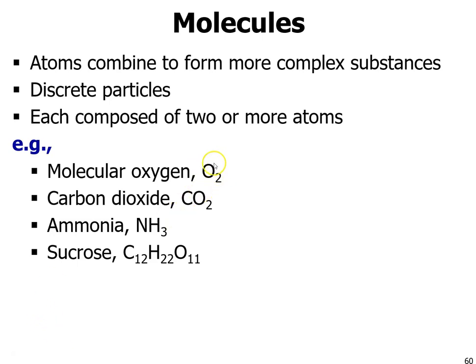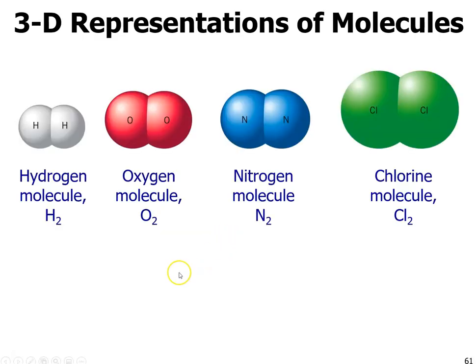So oxygen, O2, for example, that is a molecule because there is more than one. Even though they're the same type, there's more than one of them within that molecule. Carbon dioxide, we have two different types of atoms. Ammonia, we have three. Sucrose, we have three, but there are big, long groups of these that are together.